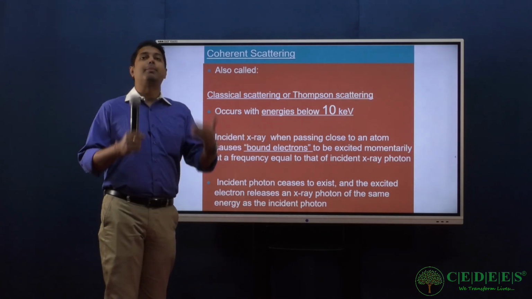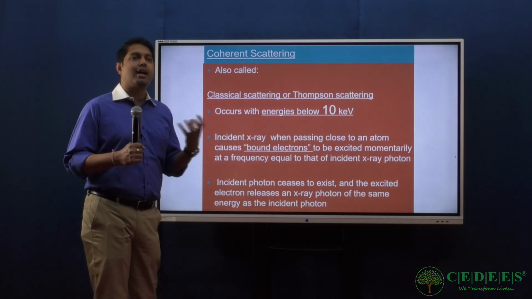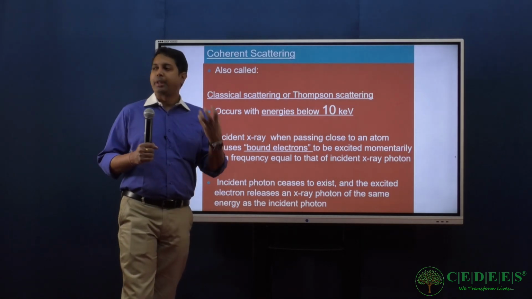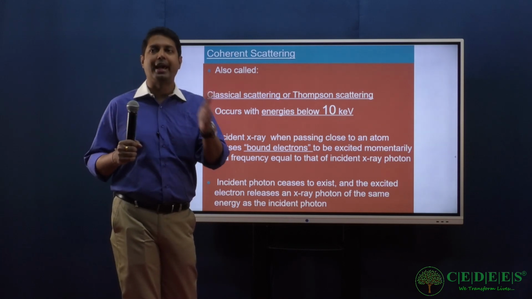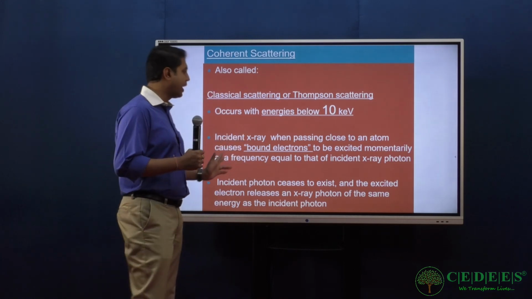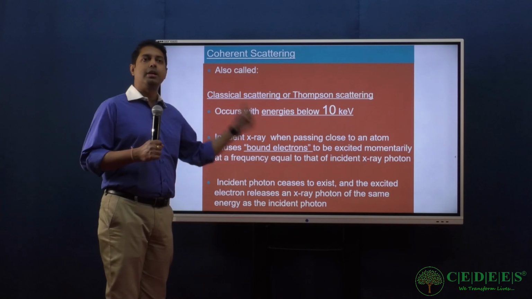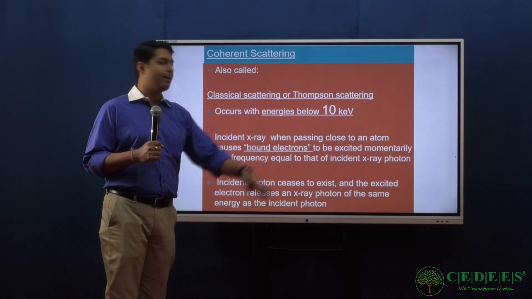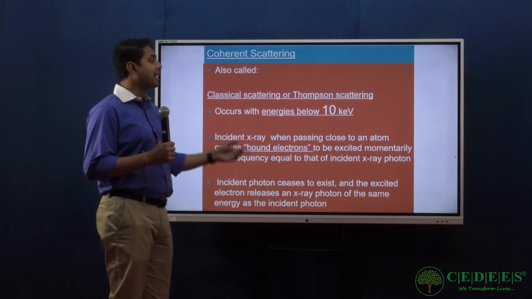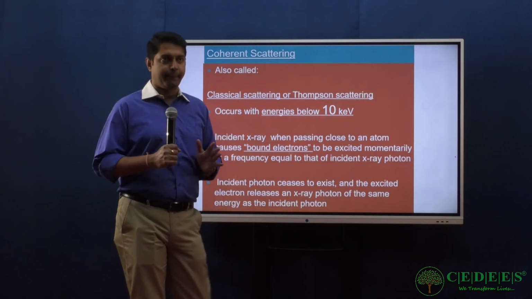They excite the bound electrons momentarily. The bound electrons we are talking about are in the shells and subshells, your K, L, M, N. These electrons, close to which the X-ray photons pass, are excited momentarily at a frequency equal to that of the photon's own energy.